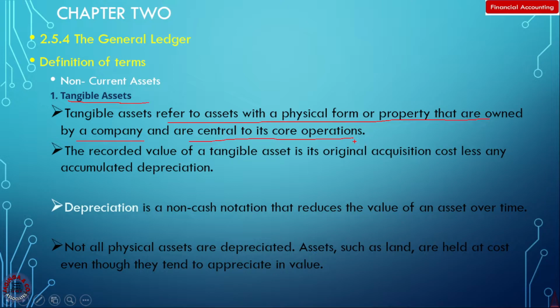Such tangible assets could be a motor vehicle, furniture, land, computers and equipment. So tangible assets are physical form or property that are owned by a company and are central to its operations.